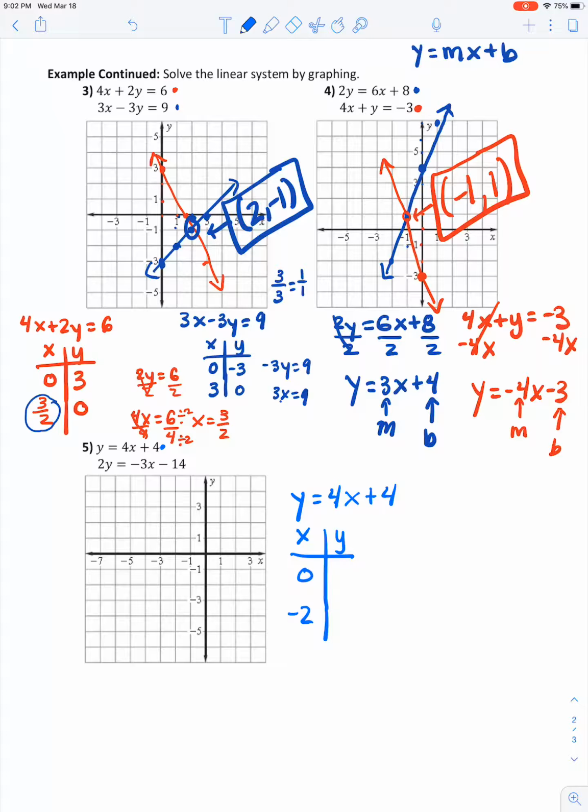If I plug in 0, 4 times 0 is 0, plus 4 is 4. Plugging in -2 for x, 4 times -2 is -8. -8 plus 4 is -4. I'm going to graph those 2 points, (0, 4) and (-2, -4). Okay, that is my line.